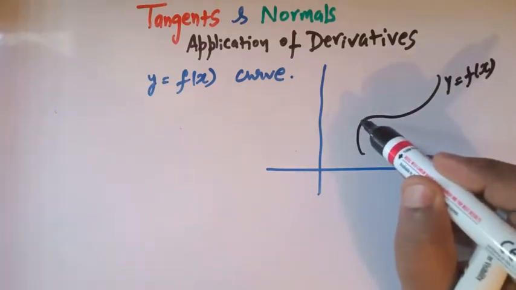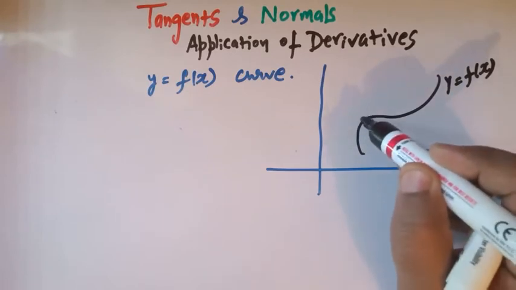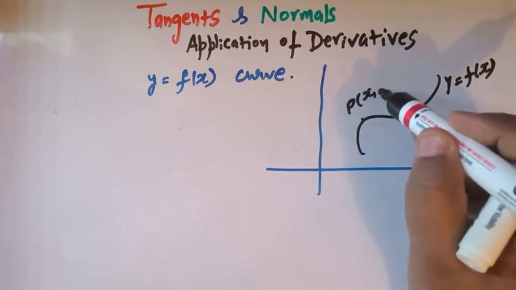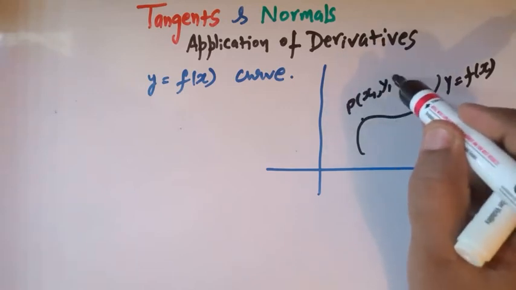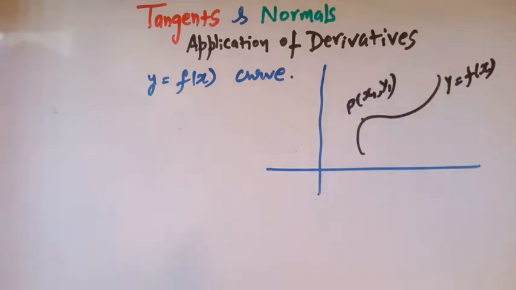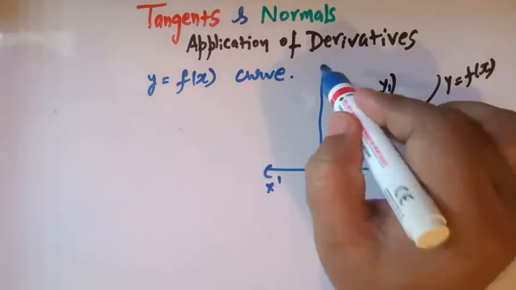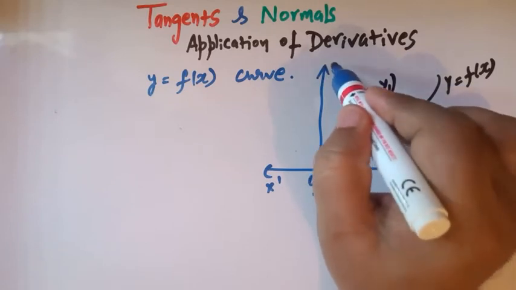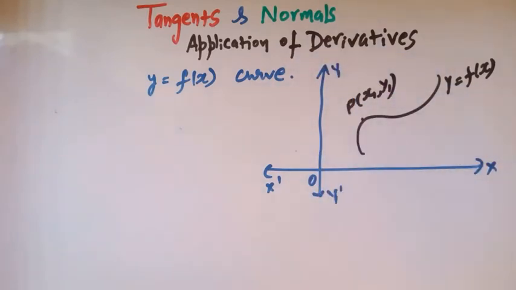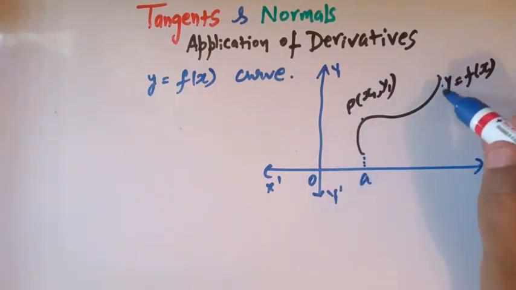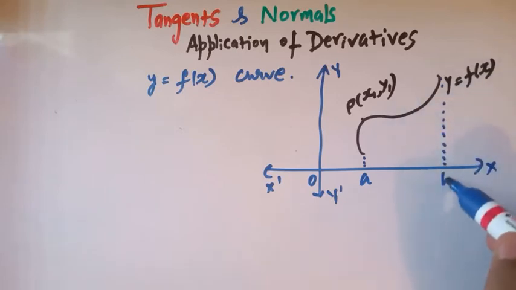Now let us take this point P, and say the coordinates of this point P are (x1, y1). These are the coordinate axes, the y-axis and x-axis. So this is the curve, and we have, say, these 2 points A and B.